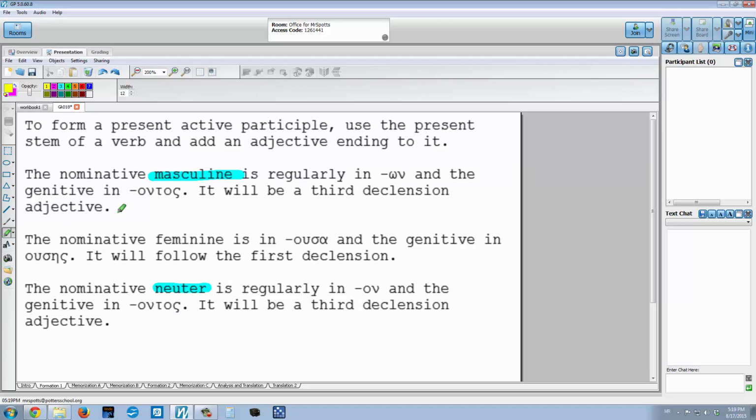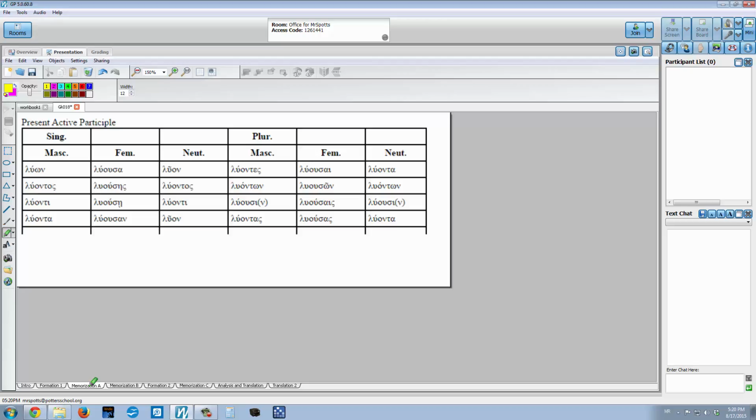The feminine nominative singular will end in -ousa and the genitive in -ouses, and that's going to follow the first declension. So the masculine and the neuter are third declension adjectives, but the feminine is a first declension adjective. Let's take a look at that formation. You see we have a present active participle, luon.